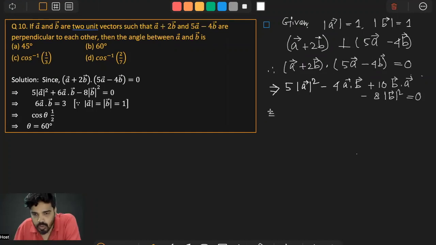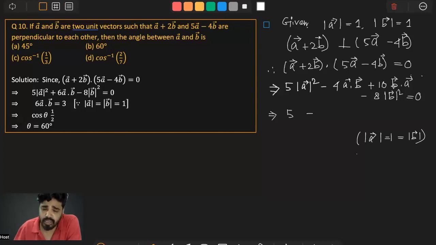It is given that A and B are unit vectors, that means modulus A is equal to 1 and modulus B is also 1. So that is 5 minus 4 A dot B plus 10 A dot B, and B dot A is the same, so plus 6 A dot B, minus 8 is equal to 0.